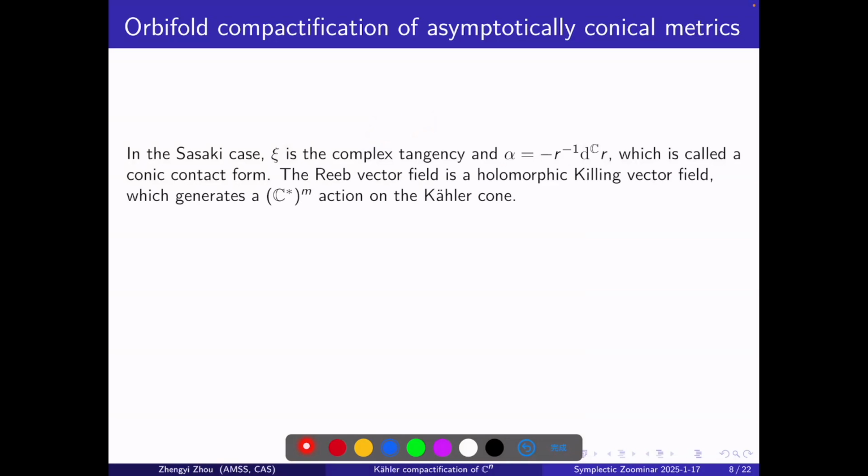So in particular, it will generate a (C*)^m torus action on the Kähler cone. At first you have just one direction from the Reeb vector field, but you can take the closure of this action to get a (C*)^m action. A basic example is when you consider this ellipsoid.